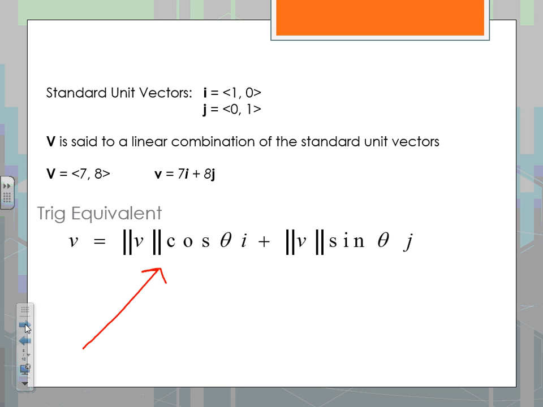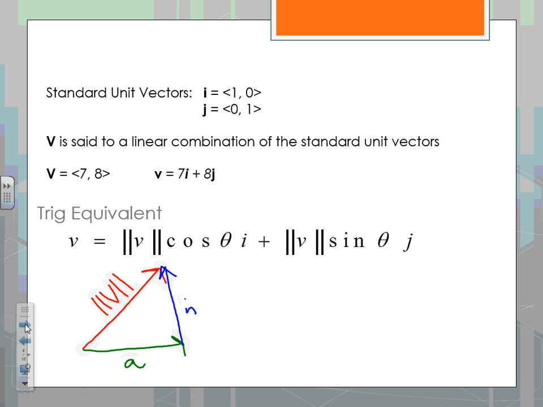Here is our vector v. What's its length? The magnitude, right? Well, here is our horizontal component. We can call it A. Here is our vertical component.